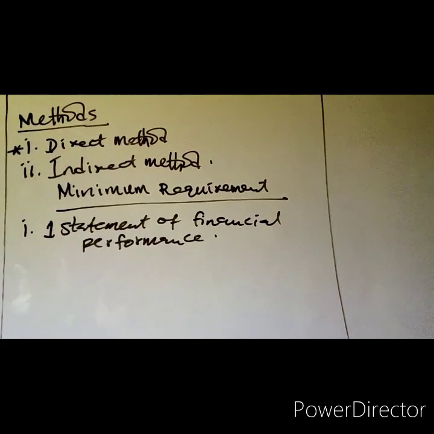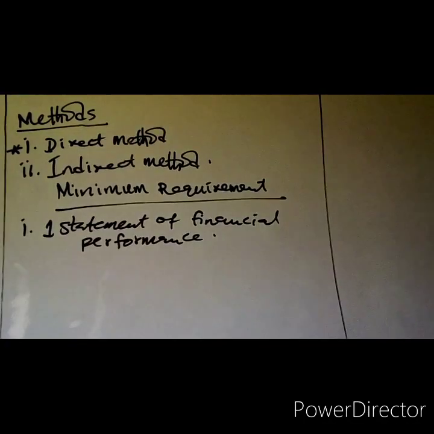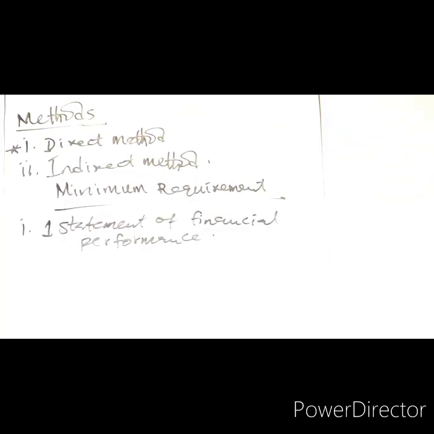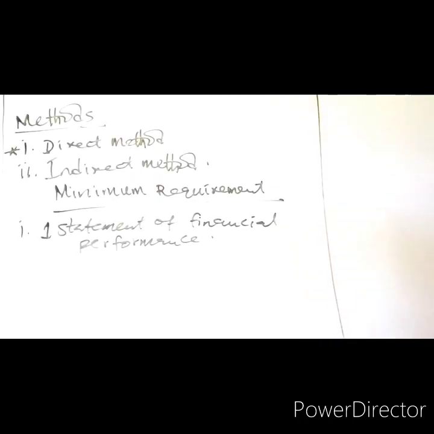Where two statements of financial performance are given, only one of the statements, that is the current one, will be relevant. That of the comparative period will not be relevant. So the only one that will be relevant is that of the current period.